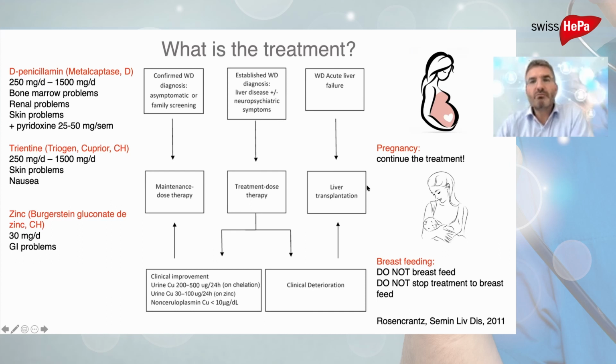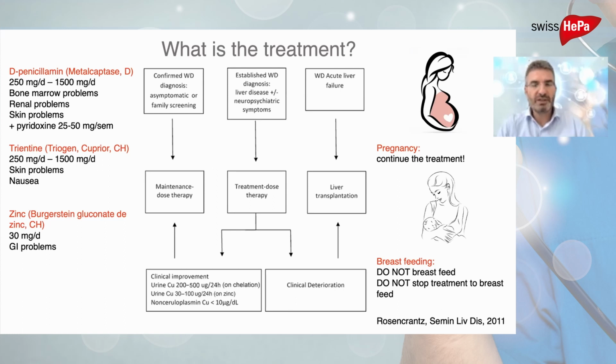I would like to mention also the possibility that Wilson's disease develops and manifests during pregnancy, or for female patients with Wilson's disease that are pregnant. It is important to continue the treatment, because stopping the treatment may be very, very dangerous, particularly during pregnancy.